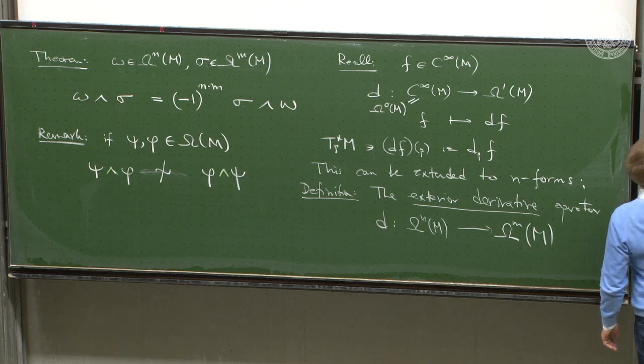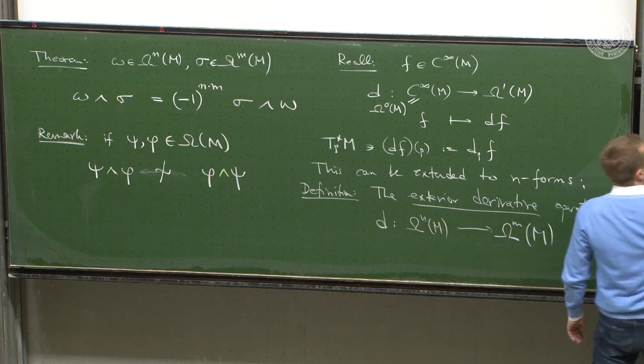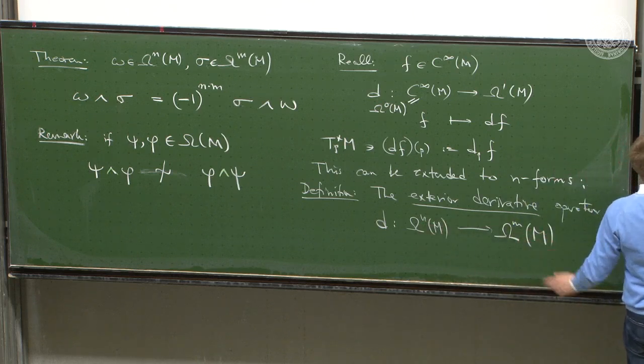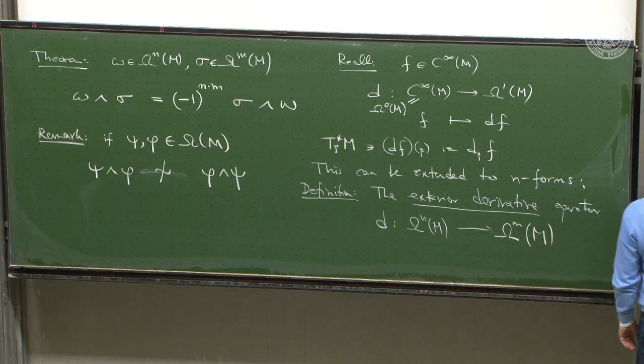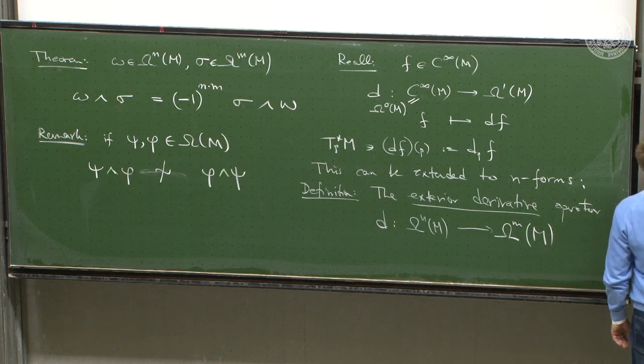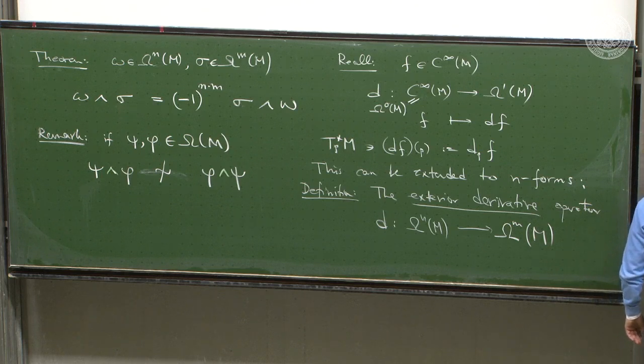where d omega, okay, so omega is an n form, so this whole thing is an n plus 1 form once I'm finished. So I can define it by having it act on n plus 1 vector fields, I'm sorry, smooth vector fields.